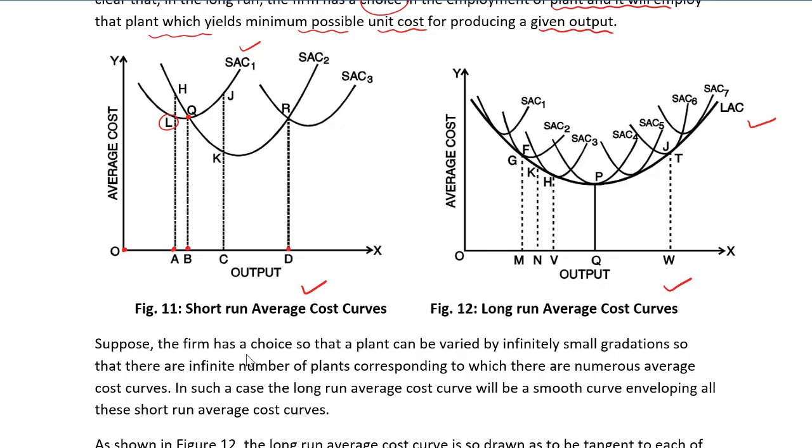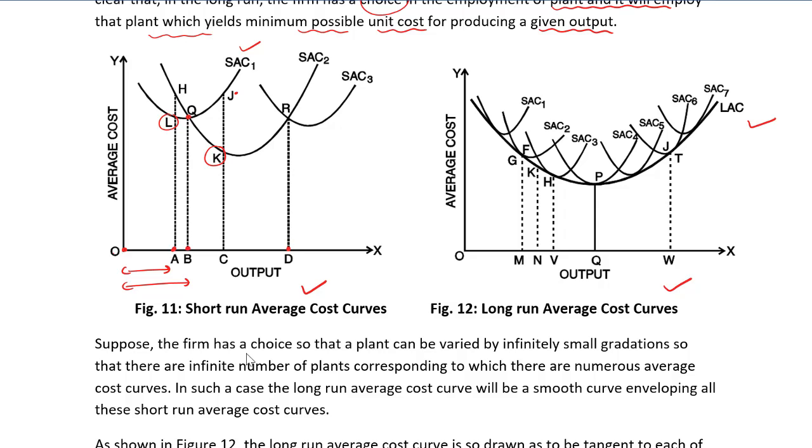At point OA, we have chosen L and not H because L is lower than H. If I talk about point OB, in that case, we have chosen Q. If I talk about OC, we have chosen K because this K is lower than J.